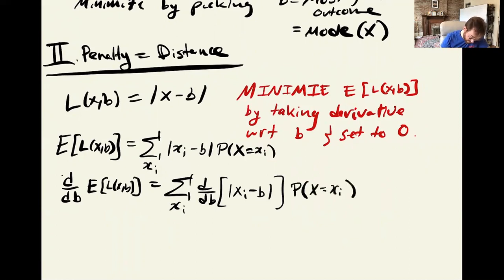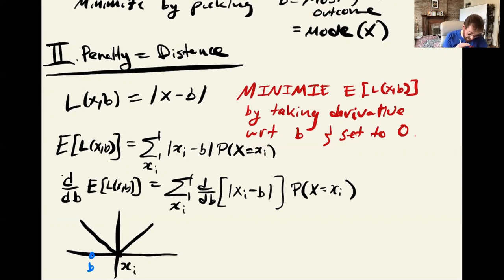Now, recall, if I've got my graph of the absolute value function, and let's say b is over here, then you can see how the derivative of this is going to be negative whenever b is less than xi, and it's going to be positive if b is greater than xi.